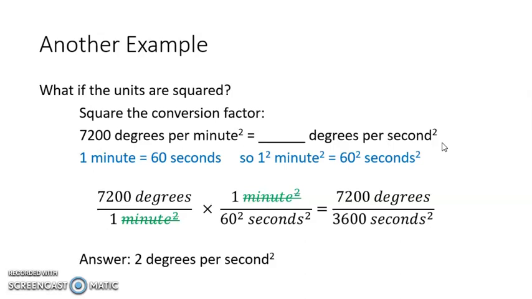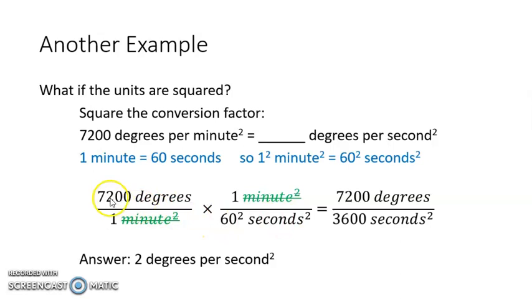I just squared everything. Now I'm going to write my fraction, 7,200 degrees per minute squared. So 7,200 degrees over 1 minute squared. And then I'm going to take my conversion factor and write that in a fraction. Notice the minutes are across from each other so that they will reduce. So I have 1 minute squared over 60 squared seconds squared.